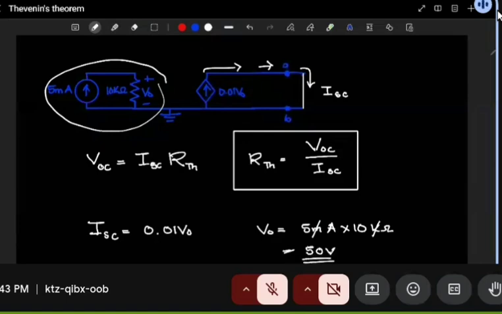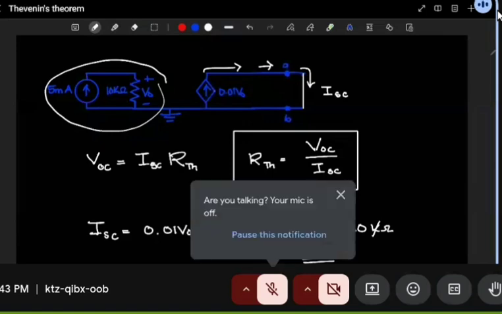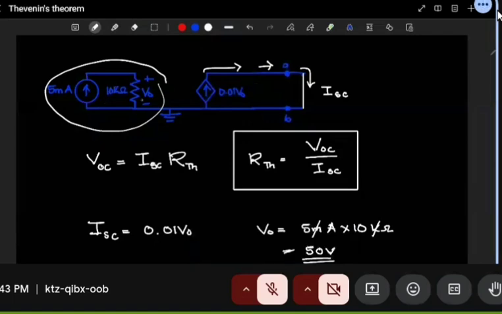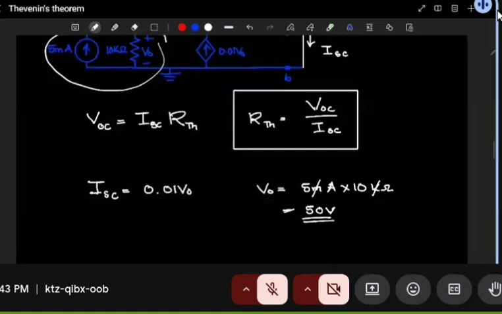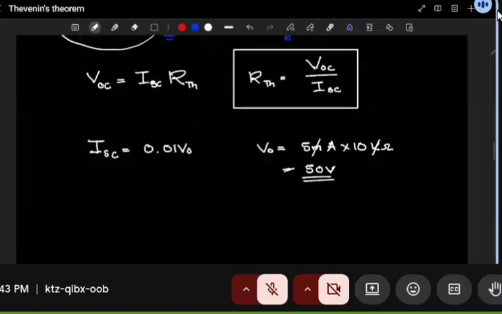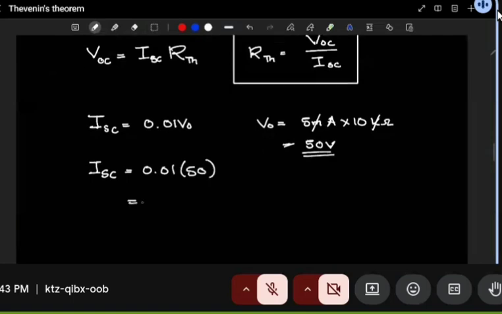So whenever you withdraw this, don't always assume that nothing changes here. I would always encourage you to still analyze this and see if something changes. For this one, nothing has changed. V0 remains 50. So when you get I short circuit, we have 0.01 where there's V0, we have 50. So this becomes 0.50 amps.